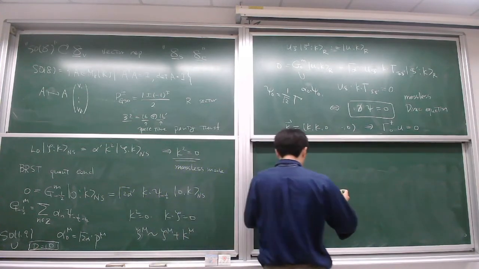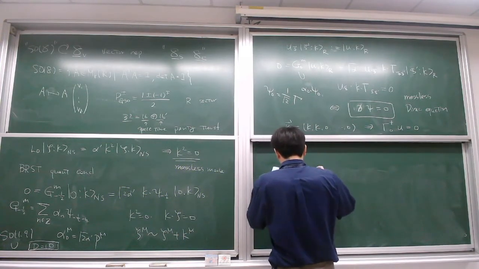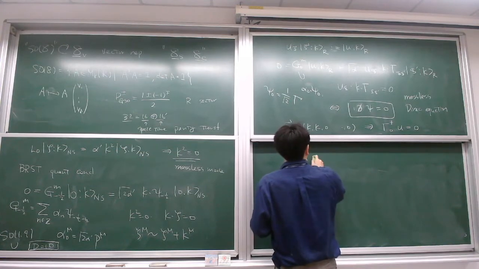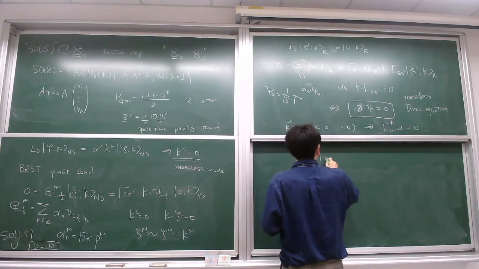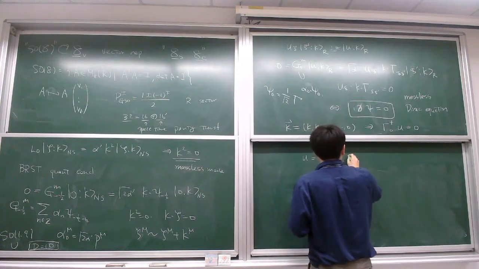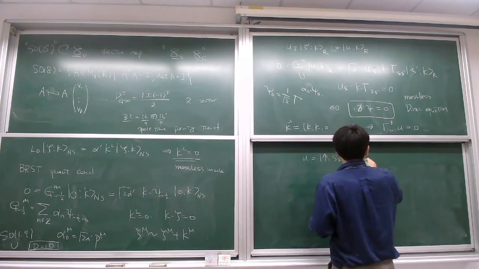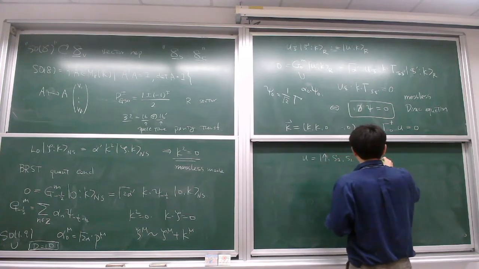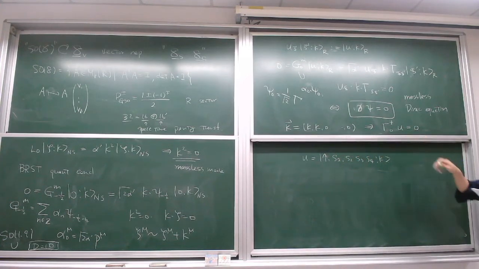From here, you can just take u to correspond to spin up or down, s1, s2, s3, s4. Then it automatically satisfies the equation.